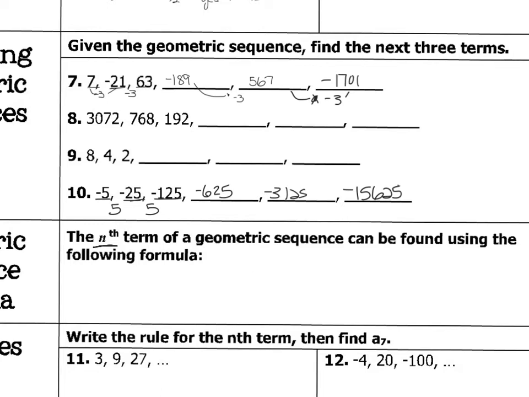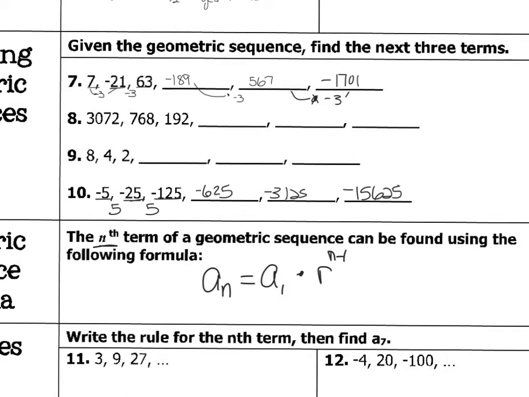All right, so the formula to find any term in a geometric sequence is a sub n equals a sub 1 times r to the n minus 1 power.